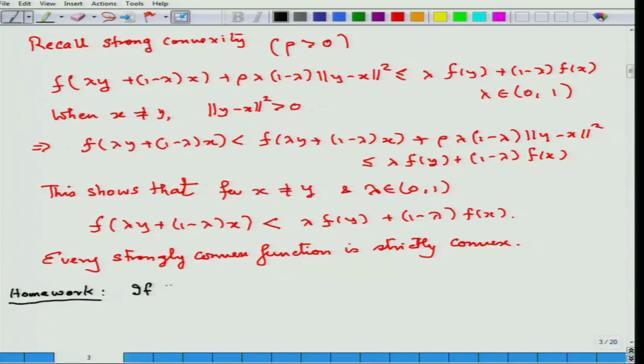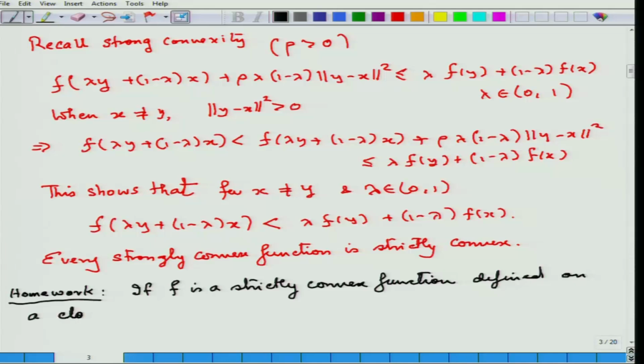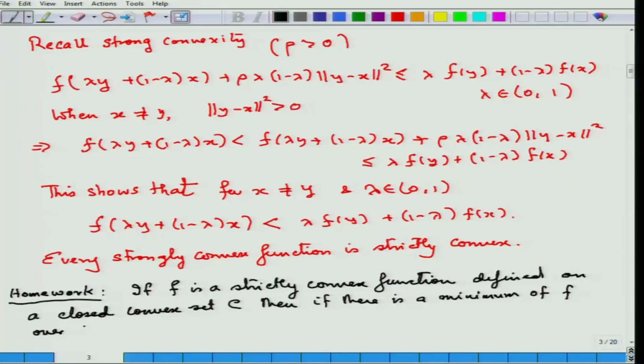If f is a strictly convex function defined on a convex set C, on a closed convex set C, then if there is a minimum of f over C, then it must be unique.